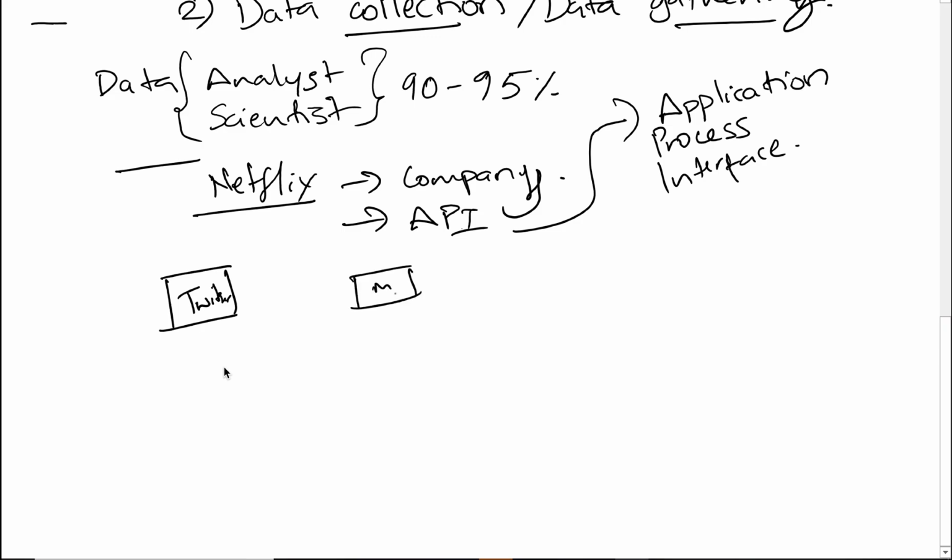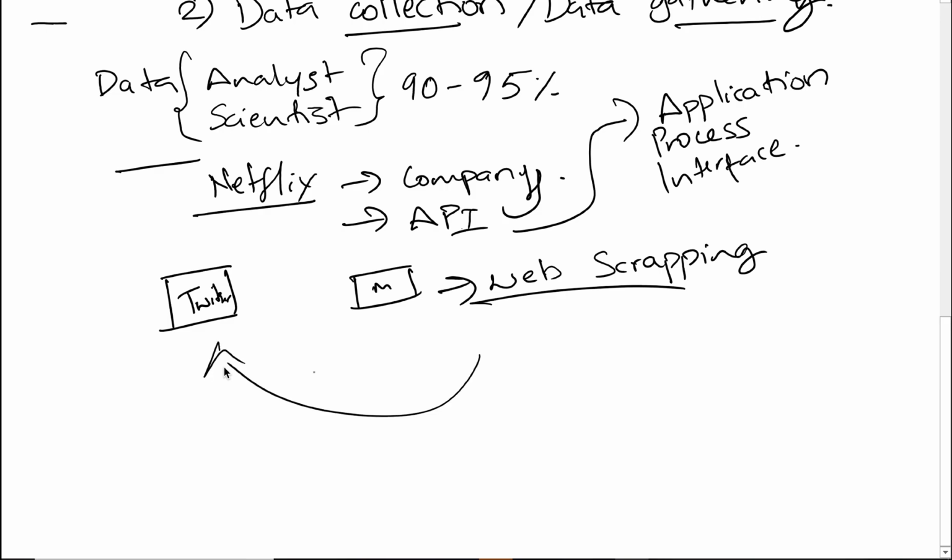Now if I want to get data, or if I want to get tweets from Twitter, there are a couple of ways I can do that. The first, very old school way, is to do web scraping, where I can write a few lines of code and I can get data from Twitter.